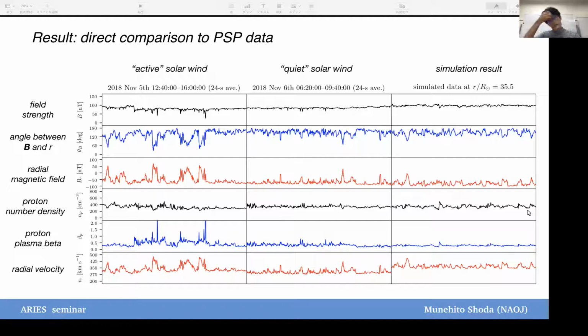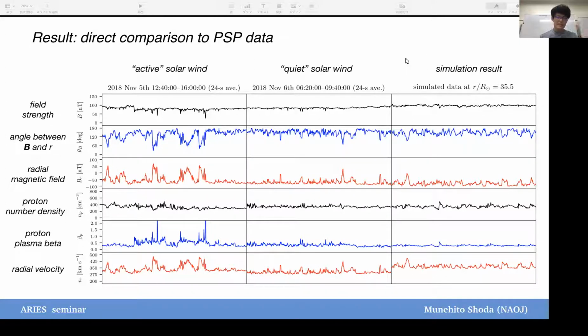So our simulation result can explain the origin of the quiet solar wind. In other words, according to our simulation, the quiet solar wind is a purely wave-driven solar wind. But we still have a significant gap between the active solar wind and the simulation result.